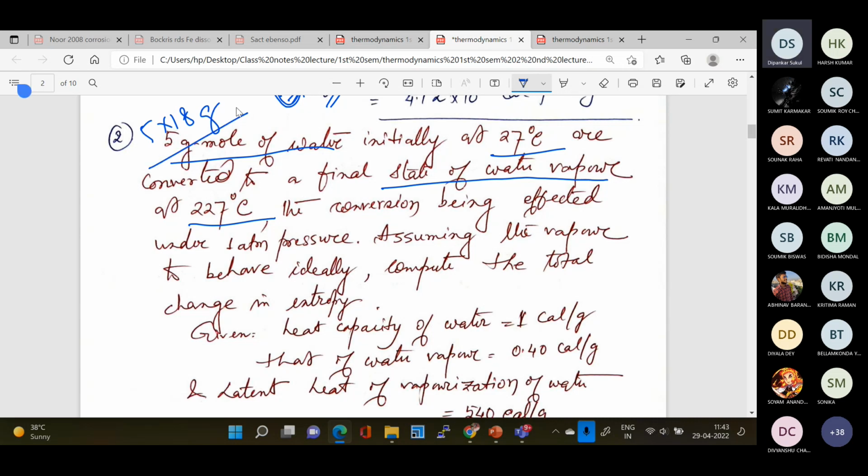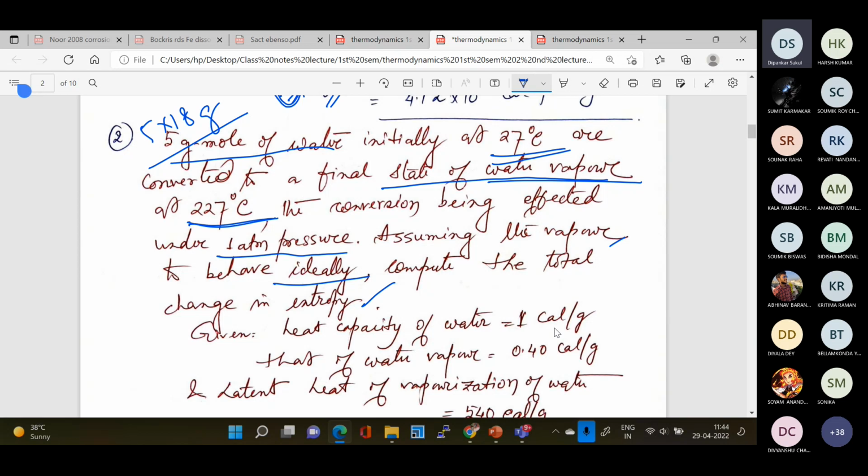This amount of water, initially at 27 degrees centigrade, that means it is liquid water. And it is converted to a final state of water vapor at 227 degrees centigrade under 1 atmospheric condition. Assuming the vapor to behave ideally, calculate the total change in entropy.